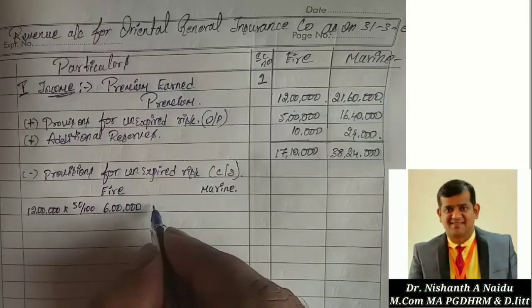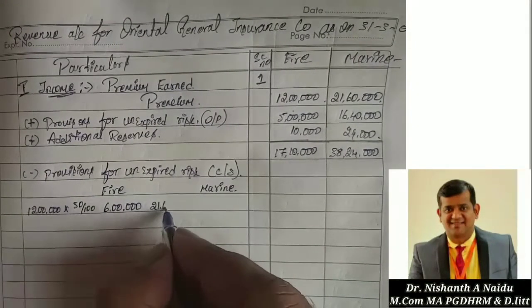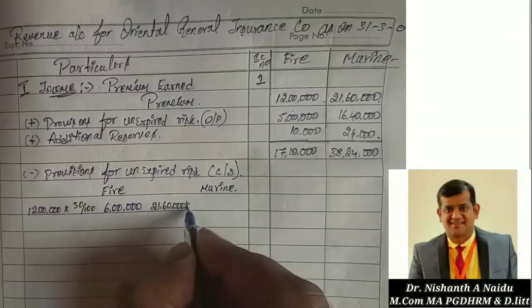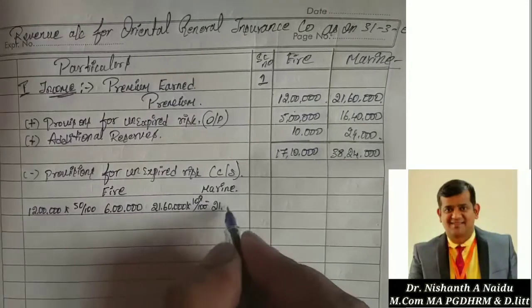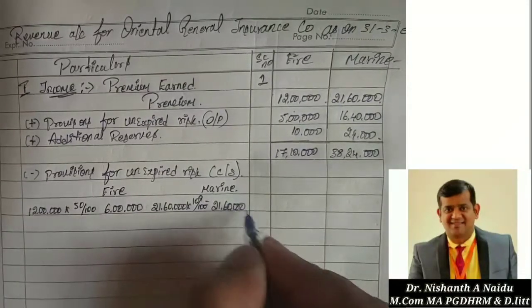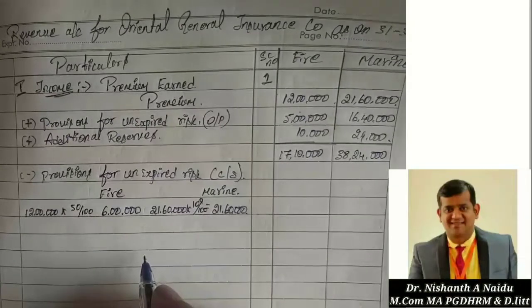The same way for marine we have 21 lakh 60,000, 100 divided by 100, that equals 21 lakh 60,000 only. There is no change in it.